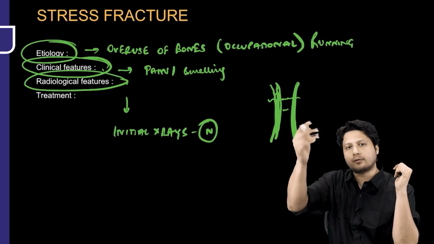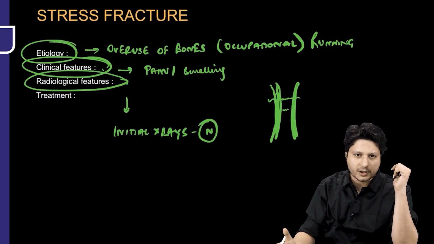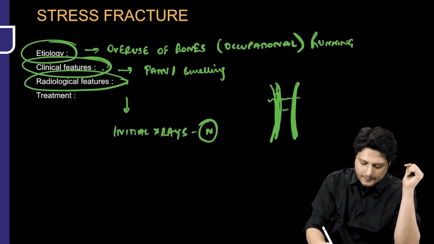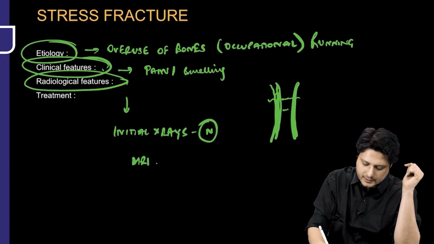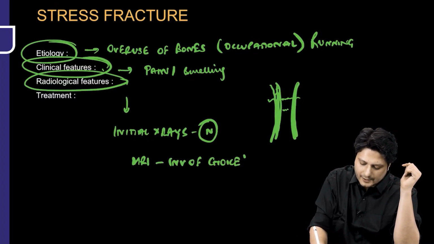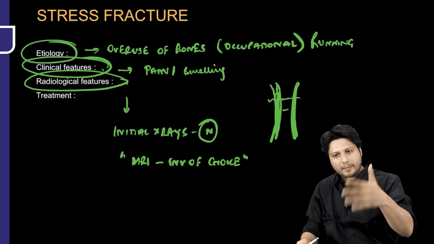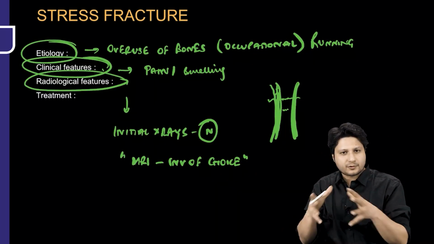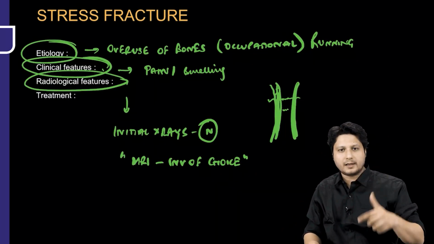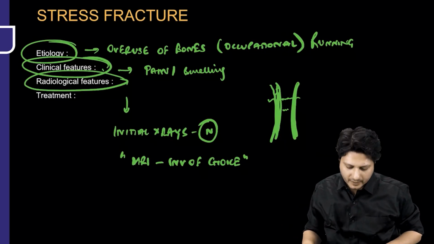So late in the course of the disease it might appear on the X-ray, but not initially. And that is the reason why MRI is considered the investigation of choice, so as to see the fractures, or the signs associated with the fractures, in the medullary canal.